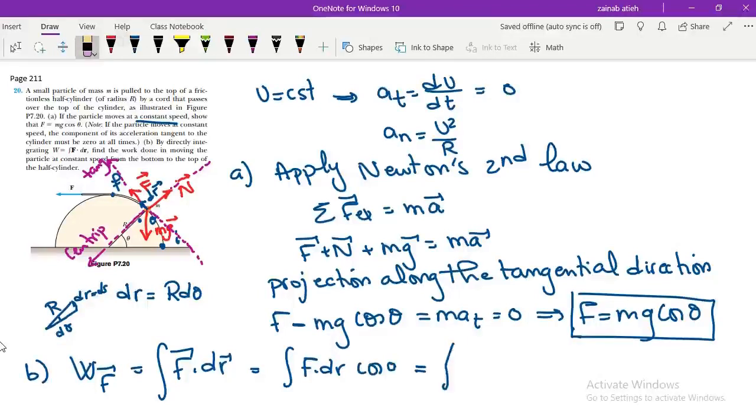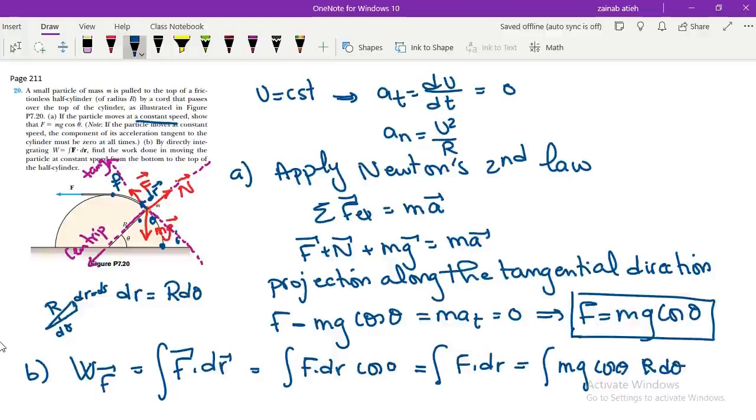I'll just fix my integral. F dot dr. So I replace now everything in terms of the given mg cosine theta, and I will replace dr with r d theta.